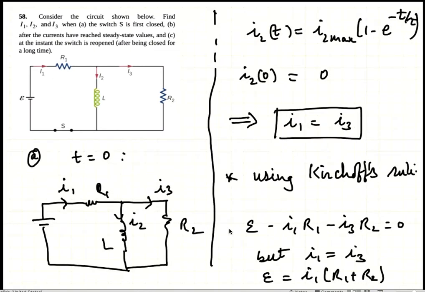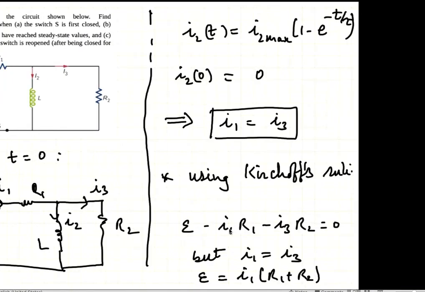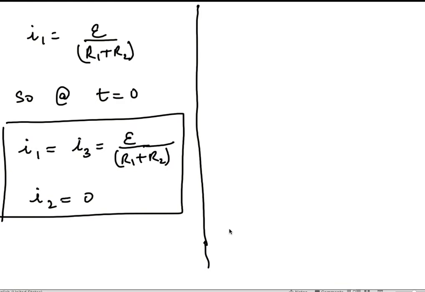Now part B says after the currents have reached steady state values. Steady state value meaning t is equal to infinity.